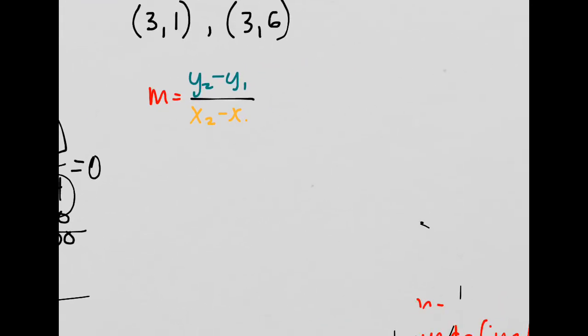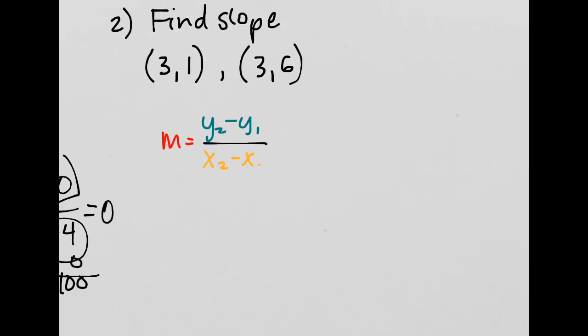Let's plug these numbers in and we'll just kind of see what happens. Okay, x1, first thing is a label, right? y1, x2, y2. Whatever point you have first, just make it point 1, and the point you have second, just make it point 2.